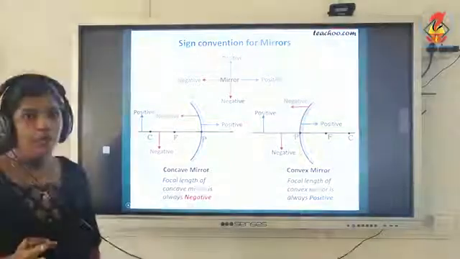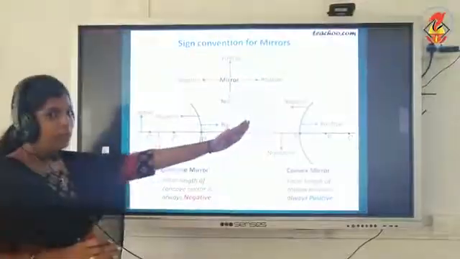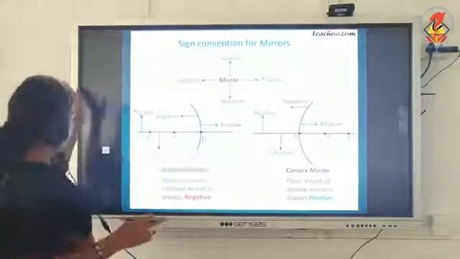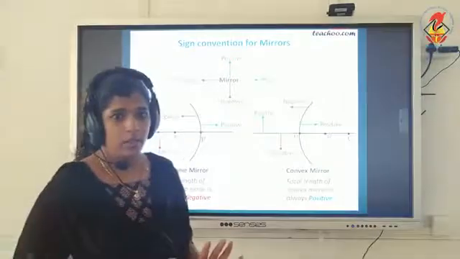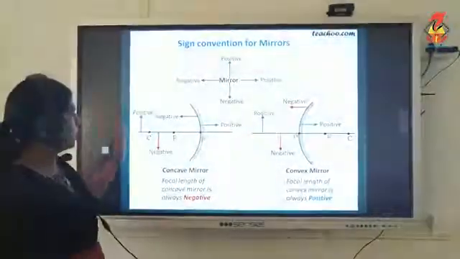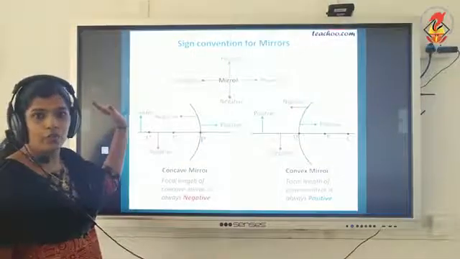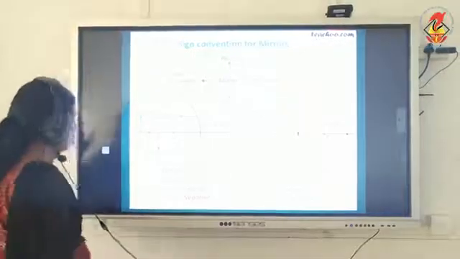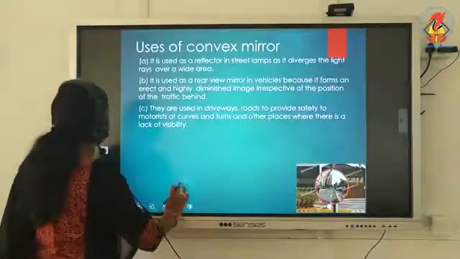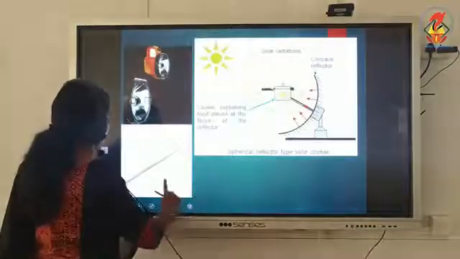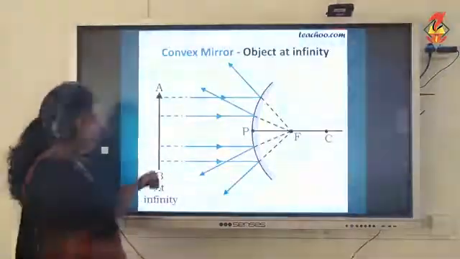Now, light should travel from left to right. When you draw the ray diagrams, I always keep the object on the left side of the mirror.